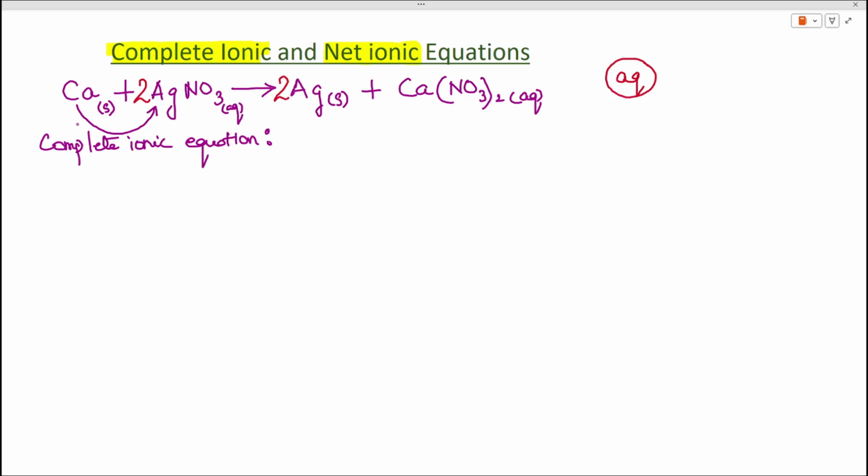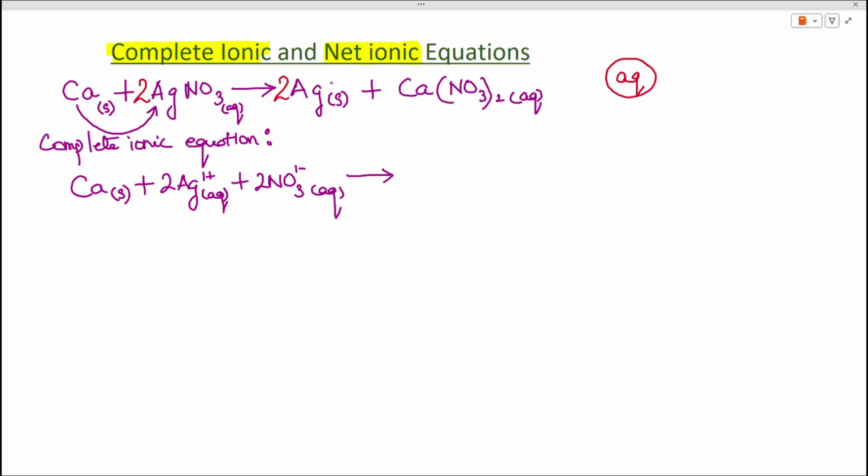Because calcium is a solid, we'll write it down as such, and silver nitrate is soluble in water, it's aqueous. So we'll break it down into its respective ions. So we'll have 2Ag with a 1 positive charge, aqueous, plus 2NO3 with a 1 negative charge, again aqueous.